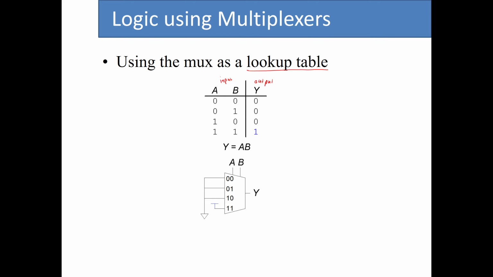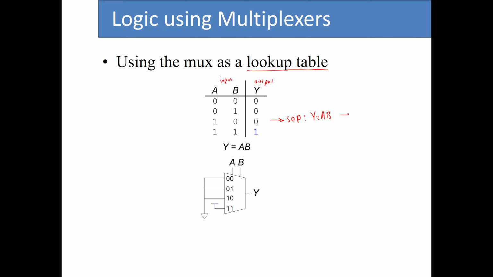When both inputs are 1, the output is 1, otherwise it's 0. So going from this to the Boolean equation, if we use the sum of products, we have Y equals AB, because we only have one minterm for which the output is 1, and that minterm is AB.